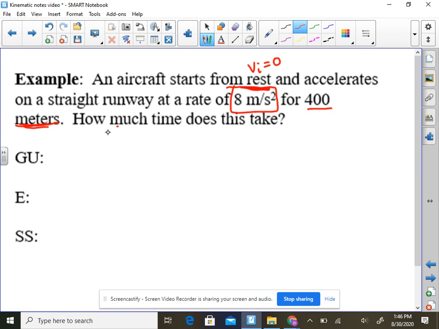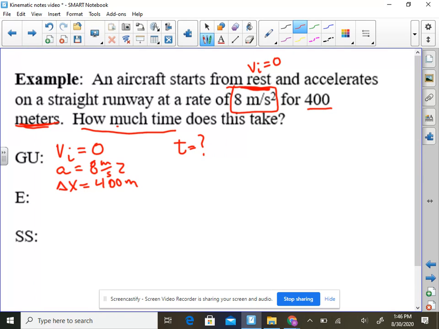And I want to know how much time. And so my unknown is going to be the time. I'm going to write down all the things I know. I know the initial velocity is 0. I know the acceleration is 8 meters per second squared. I know delta x is 400 meters.